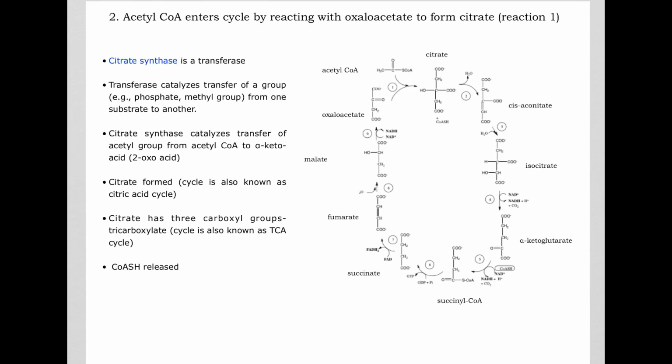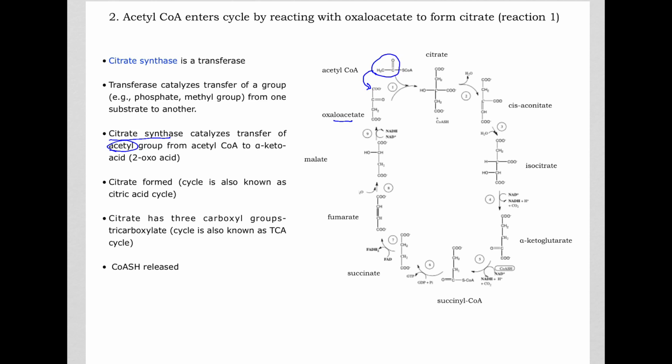Recall from the previous videos that a transferase is an enzyme that catalyzes the transfer of some group from one substrate to another. In the case of citrate synthase, this enzyme catalyzes the transfer of an acetyl group. This acetyl group is transferred to oxaloacetate.